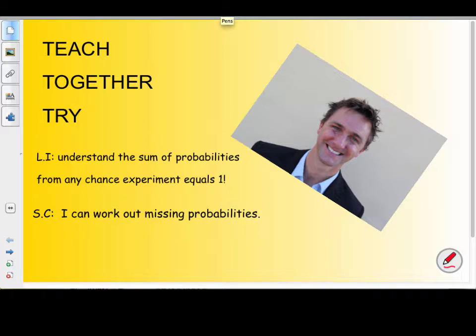Today we are going to be looking at this learning intention. Understand the sum of probabilities from any chance experiment equals 1. I want you to understand that when you add them together, they equal the number 1.